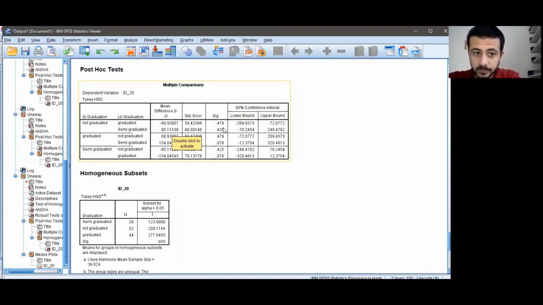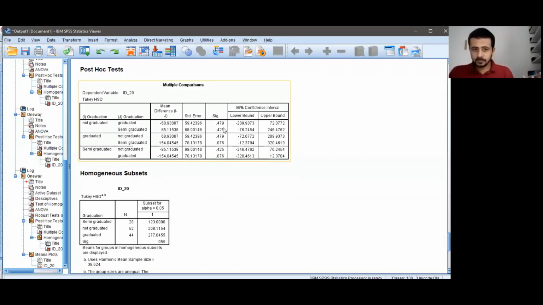So we know that the not graduate group is not significantly different from the graduate and not significantly different from the semi-graduate. Although I have a mean difference, meaning there is a difference, the Z value is not so big.